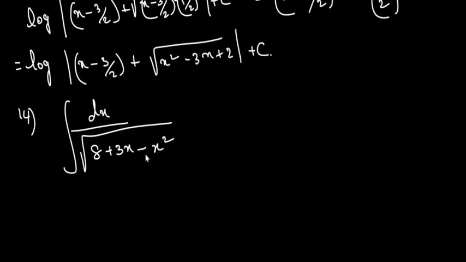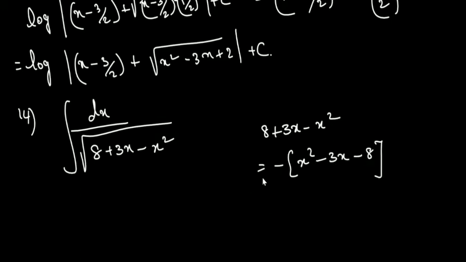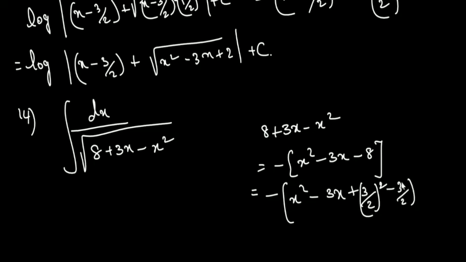So take out this quadratic out. So 8 plus 3x minus x square. Take out the minus sign outside, so it will become x square minus 3x minus 8. That is equal to minus x square minus 3x. You have to divide by 2 and then square it. So it will become 3 by 2 the whole square minus 3 by 2 the whole square minus 8.